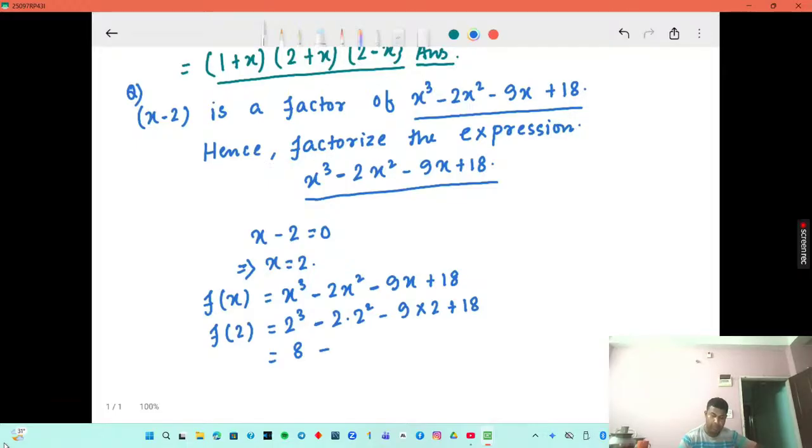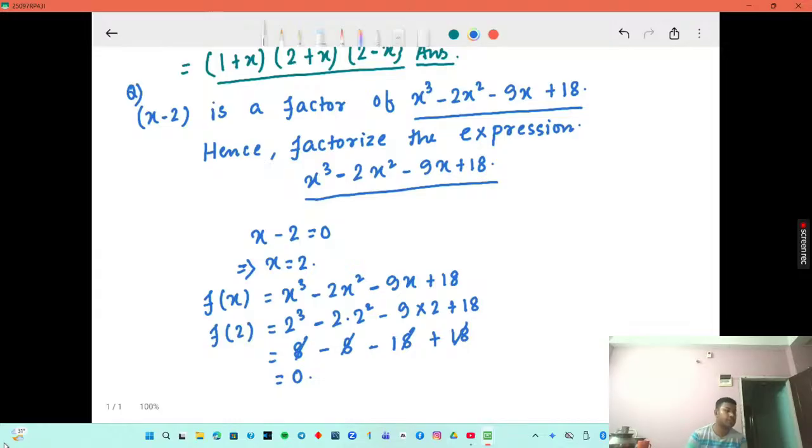Minus 2 into 2 square: 2 square is 4, and 4 multiplied by 2 is 8. After that, minus 9 into 2 is 18, plus 18. Minus 18 plus 18 cancel, and 8 minus 8 cancel, which is equal to 0. Therefore, we have cross-checked and seen that x minus 2 is a factor of the given expression. Now, how can we factorize?